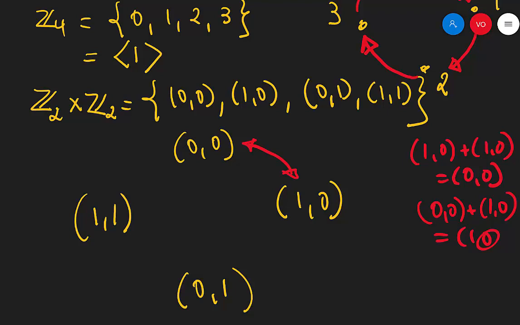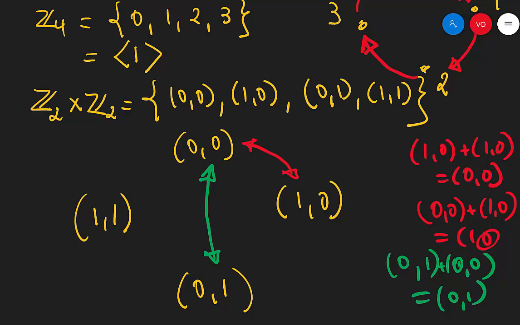So we can't generate the entire group with just 1,0. We need a new element. Let's pick, for example, 0,1. If we add 0,1 to itself, we get this element, and then if we add 0,1 to 0,0, we get 0,1.